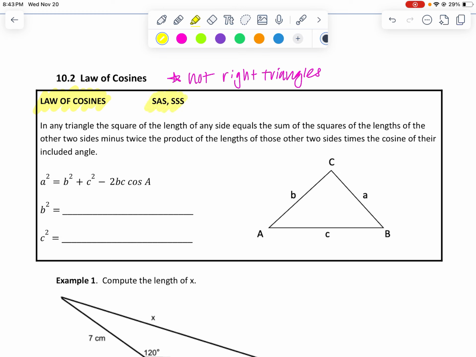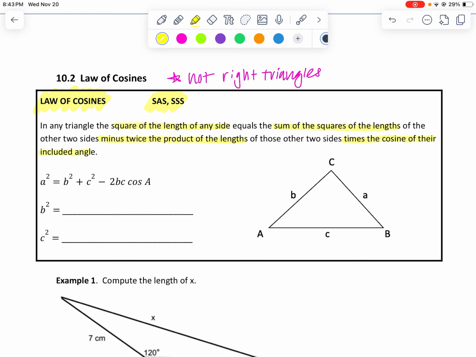Okay, so it says in any triangle, the square of the length of any side equals the sum of the squares of the lengths of the other two sides minus twice the product of the lengths of those other two sides times the cosine of their included angle.